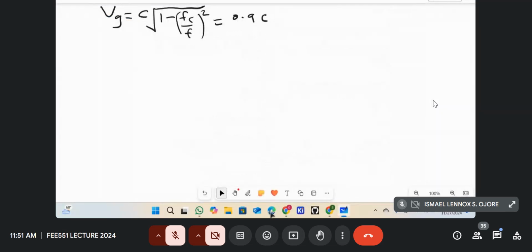So we know that the dominant mode is TE10.